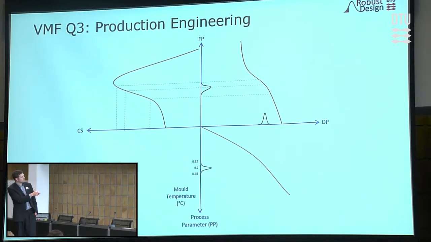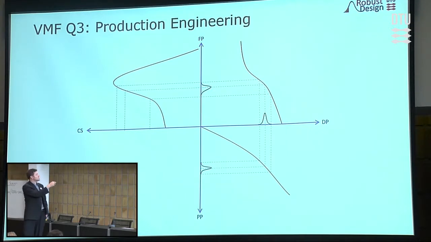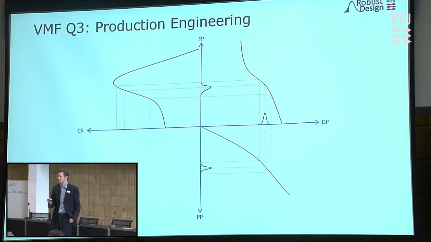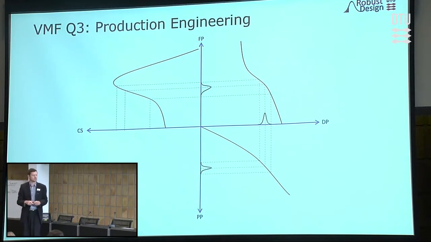So this is another element of robustness here, where variation in our PP level leads to variation in our DP level, leads to variation in our product performance, which eventually leads to variation in the customer satisfaction. So this is a very simple framework where we can link these different domains of variation together towards one common goal of increasing the customer satisfaction.